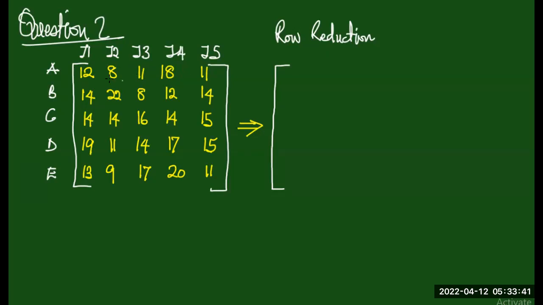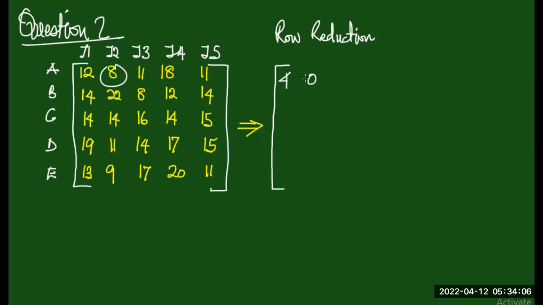What is the least? We have 12, 8, 11, 18, 11. 8 is the least here. So 12 minus 8, 8 minus 8, 11 minus 8, 18 minus 8, 11 minus 8. That is the row reduction we're doing. The least is 8. So 12 minus 8, 4.